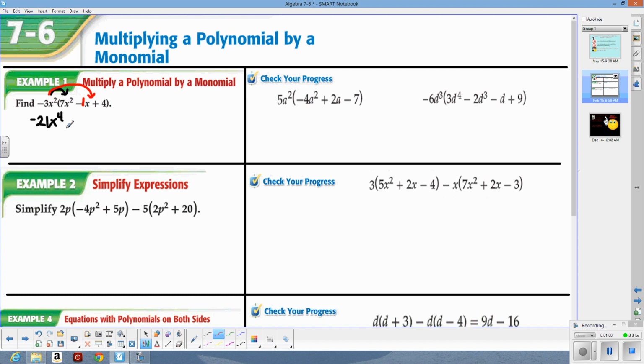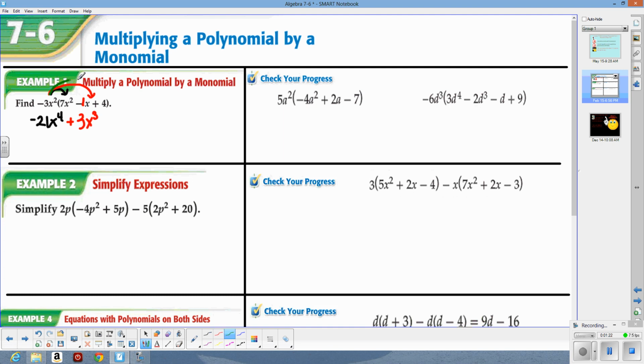Negative 3 times negative 1 is positive 3, so we're going to say plus 3. And then x squared times x is x to the 3rd power, because that's a total of 3 x's being multiplied together. Remember, the rule for multiplying a power times a power with the same base is to add the exponents.